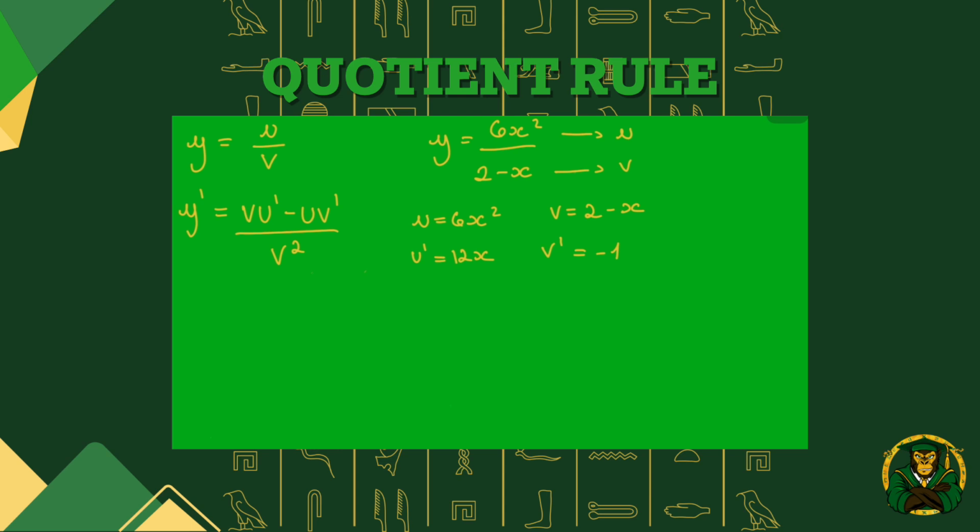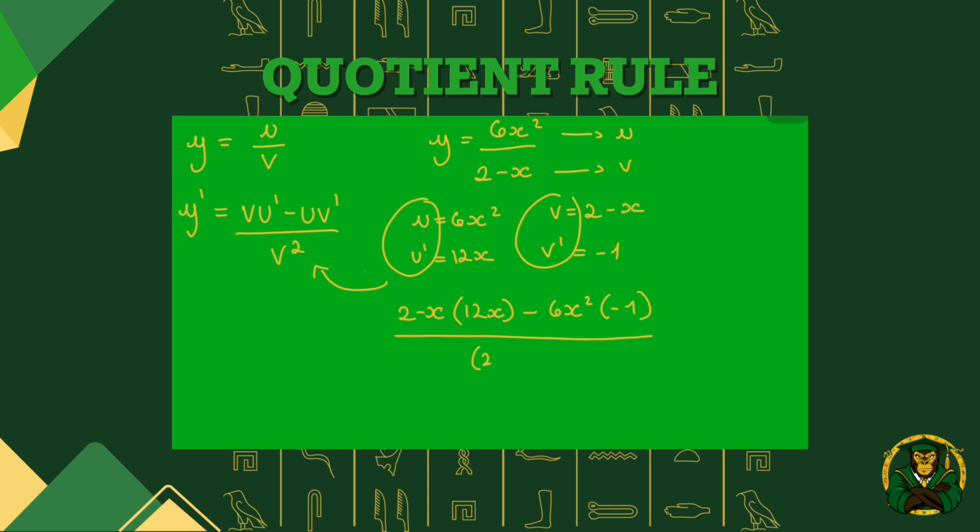Then you take your values that you have here, u and u dash, v and v dash, and you just put it back into the quotient rule equation. So 2 minus x times by 12x minus 6x squared times by negative 1 all over 2 minus x to the power of 2.